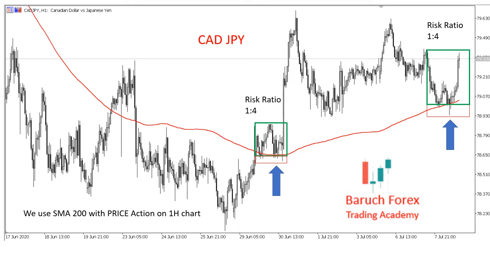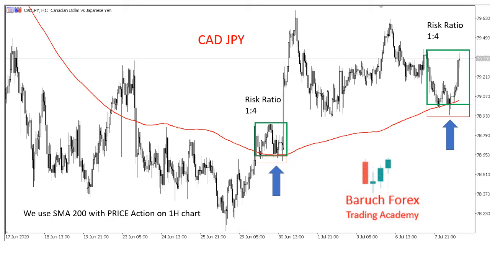When I say price action, you must look at the candlesticks. Basically in this method, I'm more focused on especially the pin bar and engulfing candles. I use this method on the 1 hour chart because I trade within a day. I close my trade, and for me, I feel the 1 hour chart is more suitable for my style of trading.